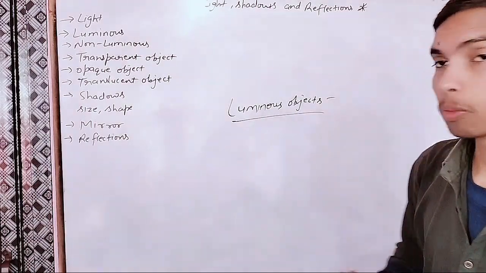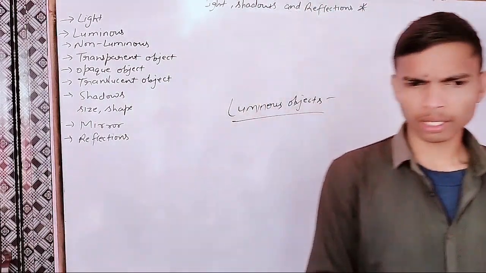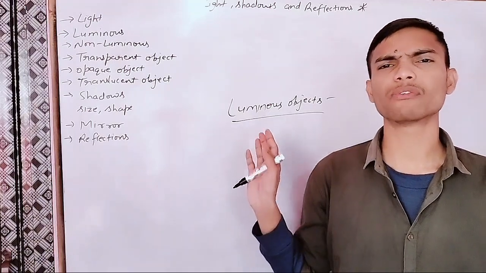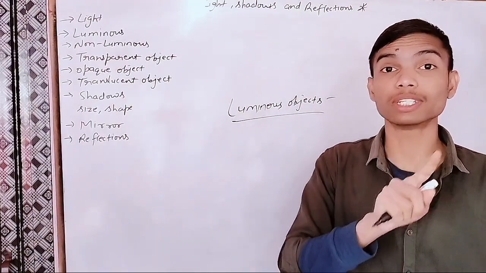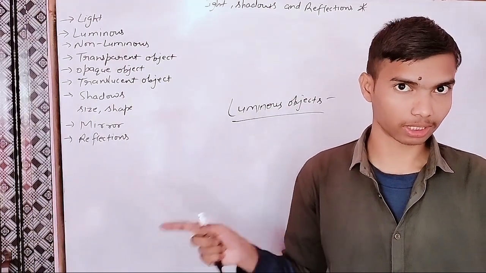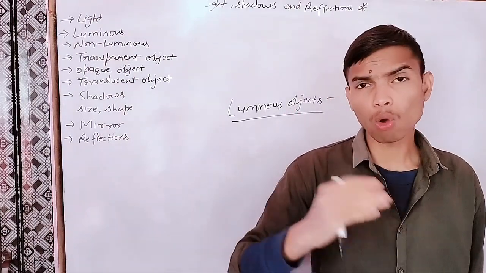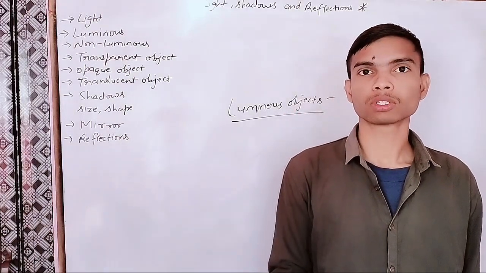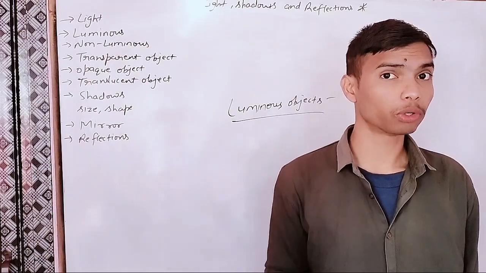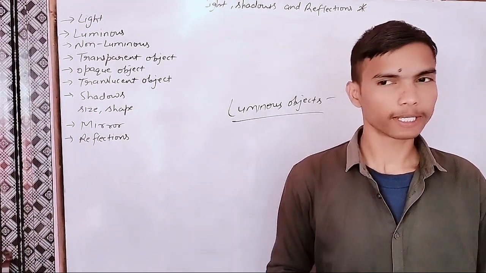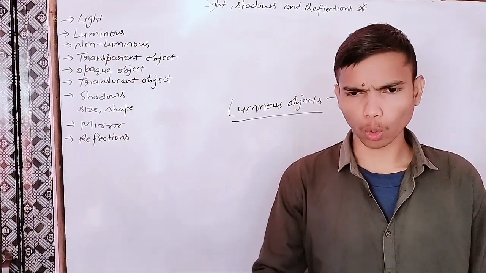So these luminous objects, we are using the word objects only because we don't know the name of the object. So it is saying, how would you describe luminous objects? Here you would say we have two objects.